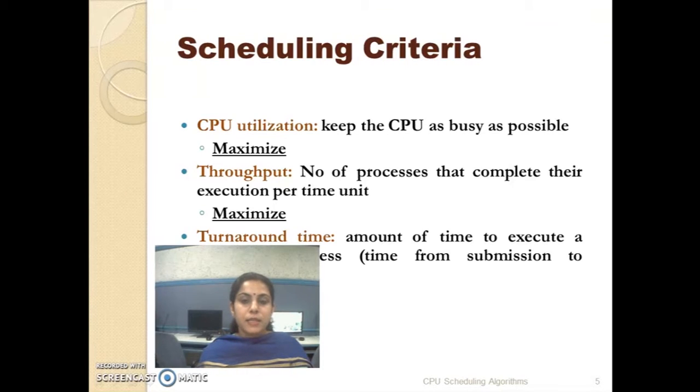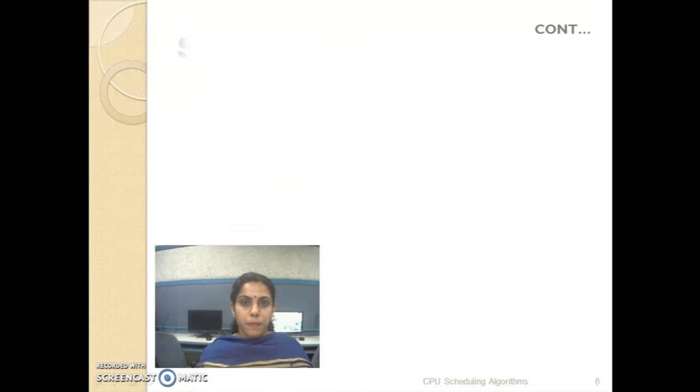It indicates the number of processes that complete in a certain unit of time. Again, it should be maximum. Third is the turnaround time, which is the amount of time to execute a particular process. It means the time from when it was submitted till the time it got terminated.